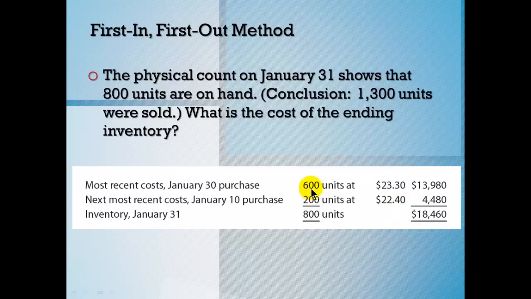Okay, so I made a purchase. The most recent was the one on January 30th, where I bought 600 units at $23.40. Now, if I had 800, that means this 200 comes from that next most recent layer, which was at $22.40, and that's how I get my ending balance of $18,460.